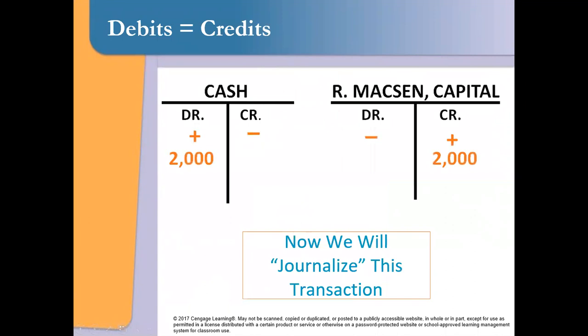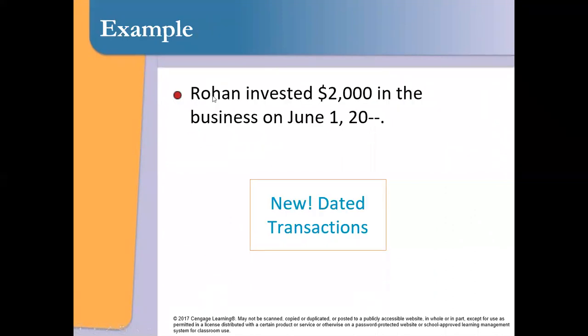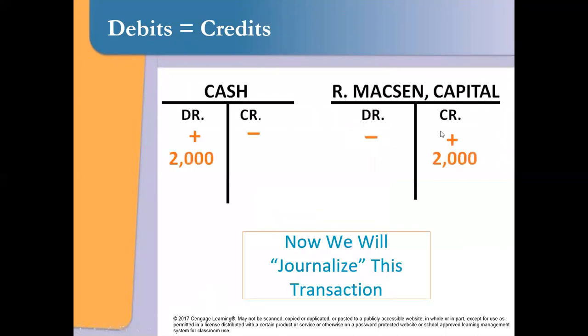The cash account, because the business received $2,000 from Rohan Maxon. Here we see the 2 accounts that were affected. Remember, our debits equal our credits.